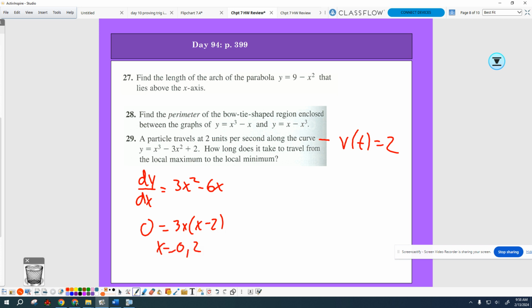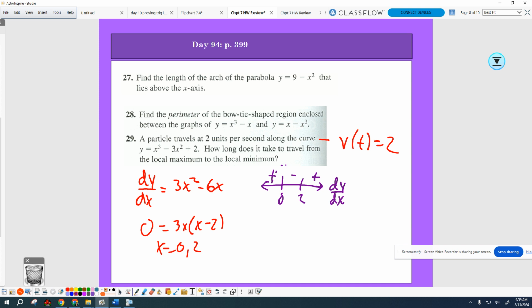Jasper, what do I do with those critical points? Number line? Plug it in: at 1, I get a negative. Plug in 5,000, I get a positive, and plugging in negative 100, I also get a positive.